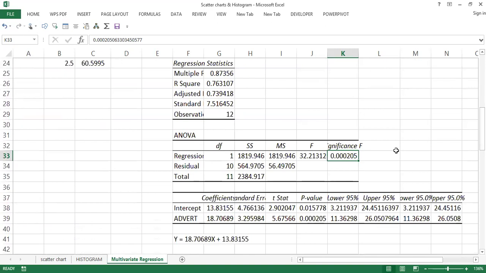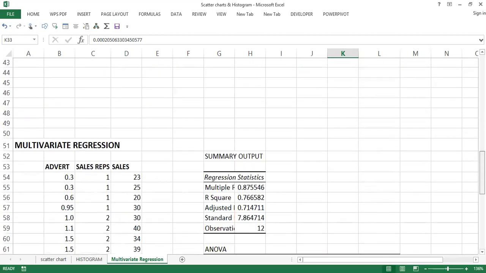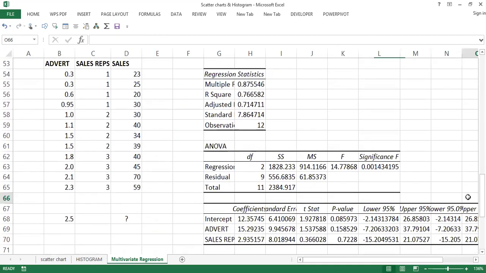And see, it's quite small. It's lower than 5%. If you look here too, the same thing, Significance F. We mentioned something like that when we were talking about the test. You can see it's also very small.